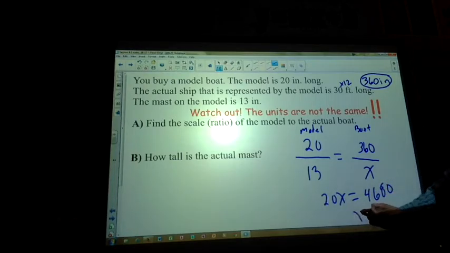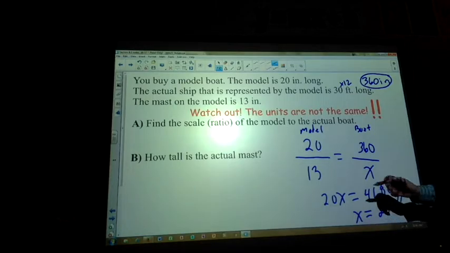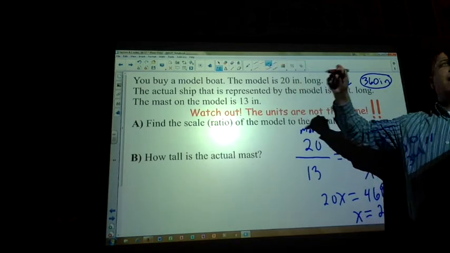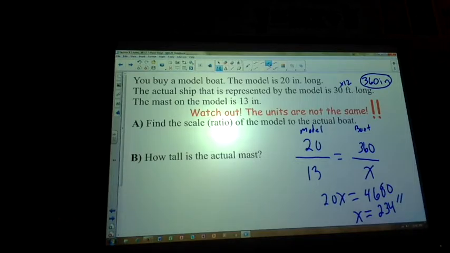Divide both sides by 20. So, 234 inches. How can I figure out that back into feet? Because inches kind of makes it goofy. Divide by 12. 19.5.